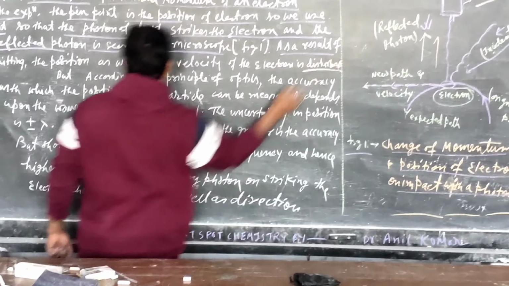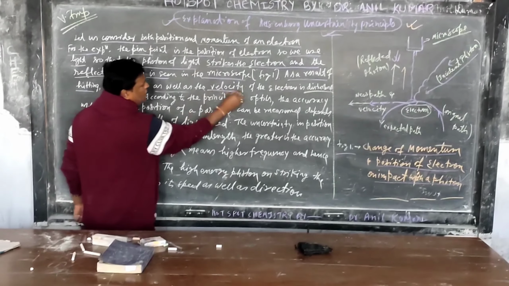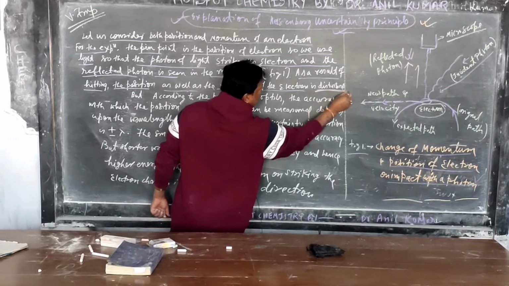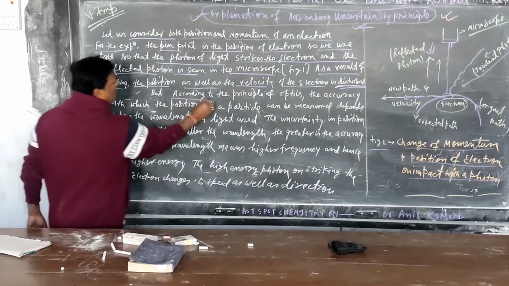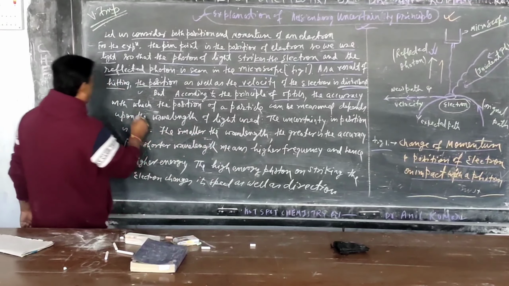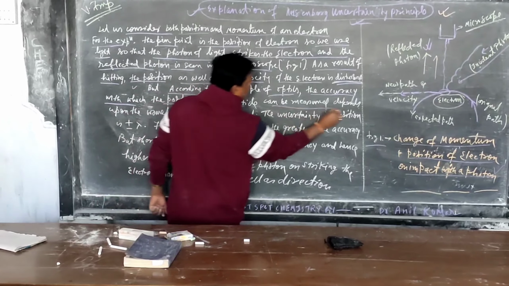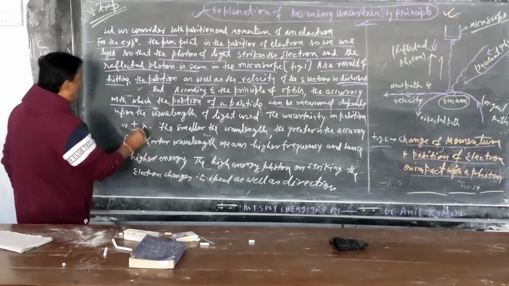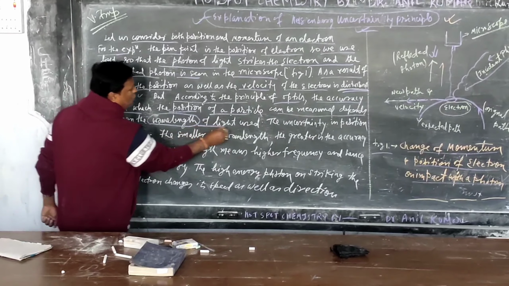As a result of hitting, the position as well as the velocity of the electron is disturbed. According to the principle of optics, the accuracy with which the position of a particle can be measured depends upon the wavelength of the light used.